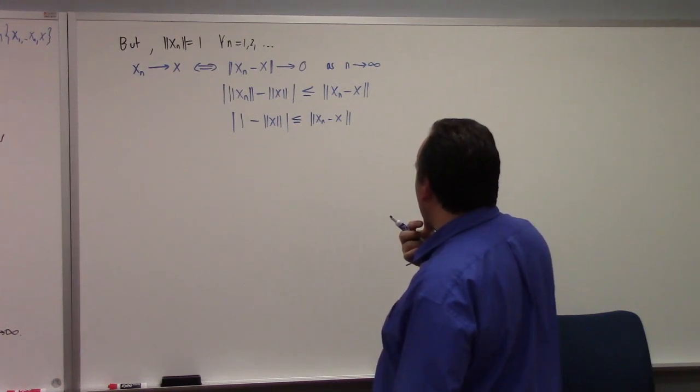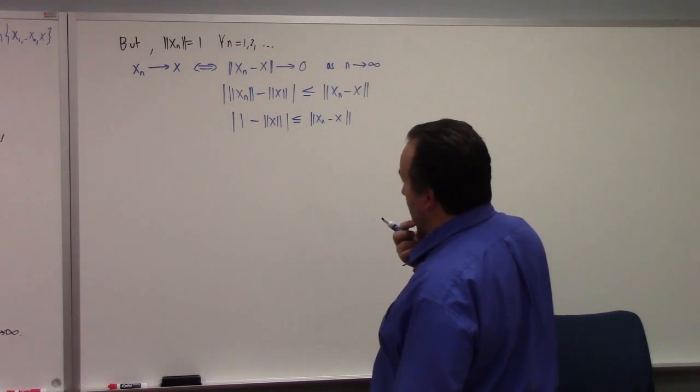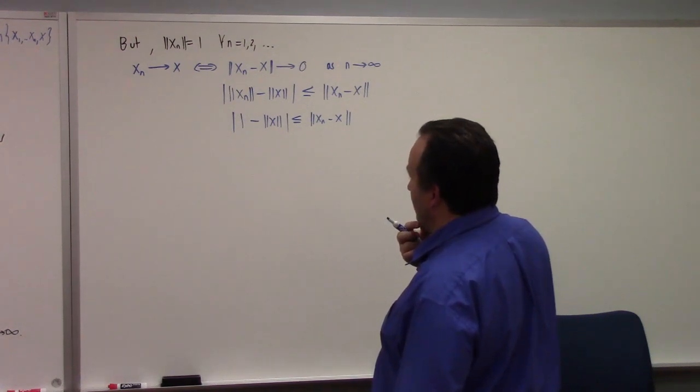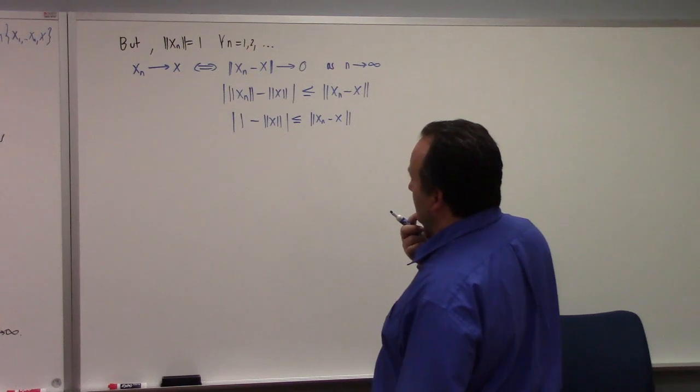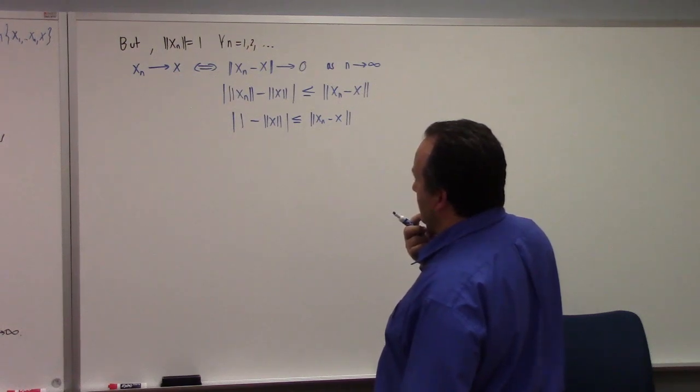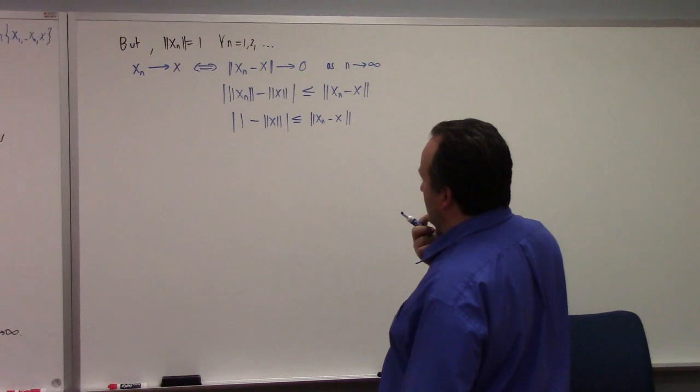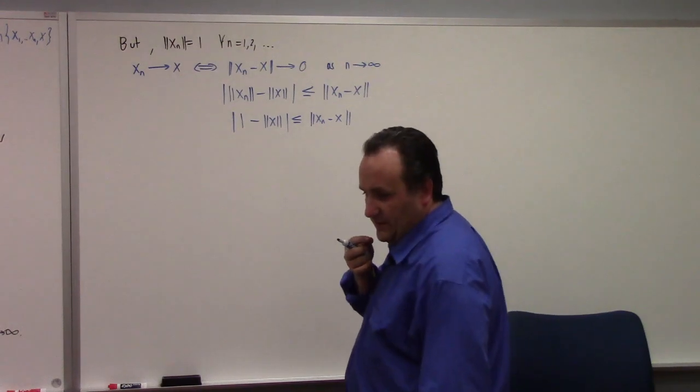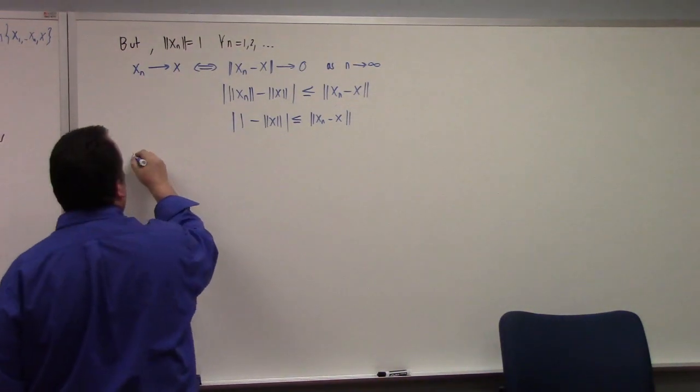Let's see. So apparently the limit, if it does exist, forces, so we must have that the norm of the limit is 1, right?